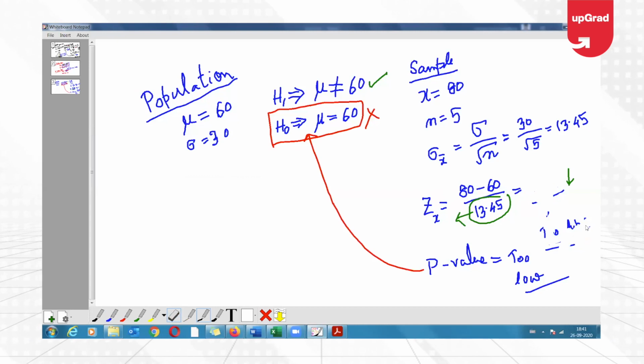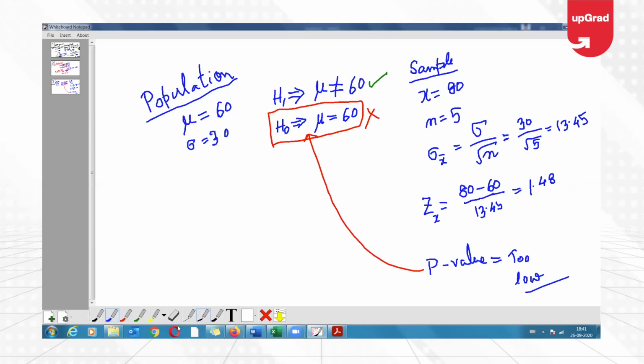So if that is the case, let's see. So Z score is 1.48. Okay. So now the p-value, I don't think it will be too low. So 1.48.